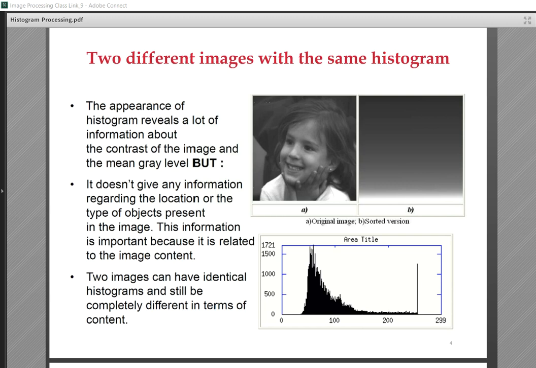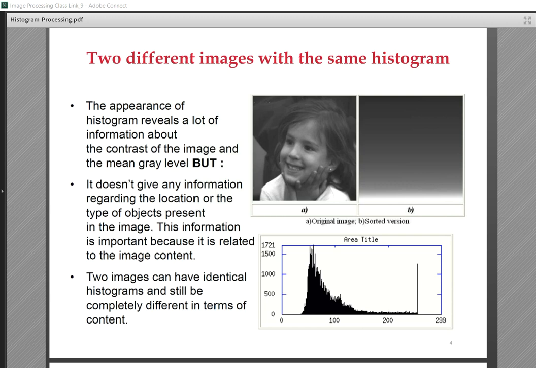Bright is here, or dark is here or here, okay? I don't know. Histogram doesn't give us any spatial information for pixels.